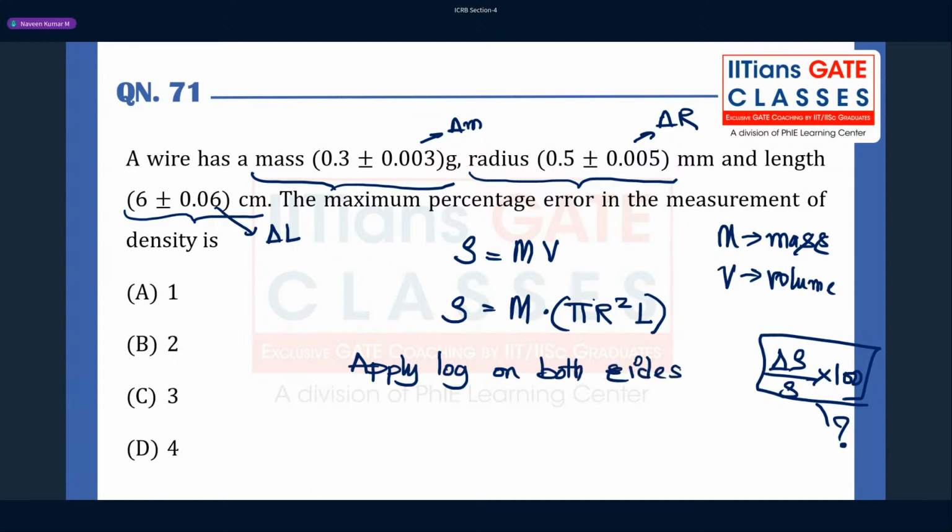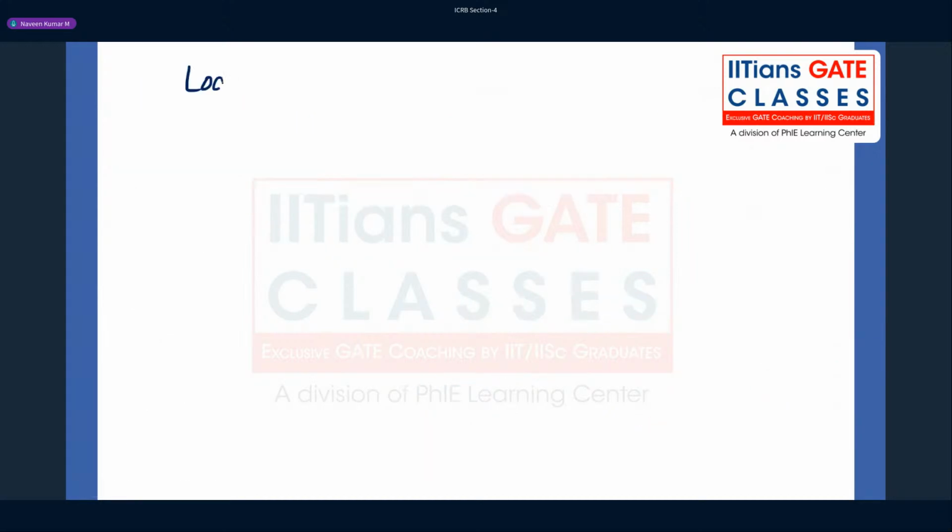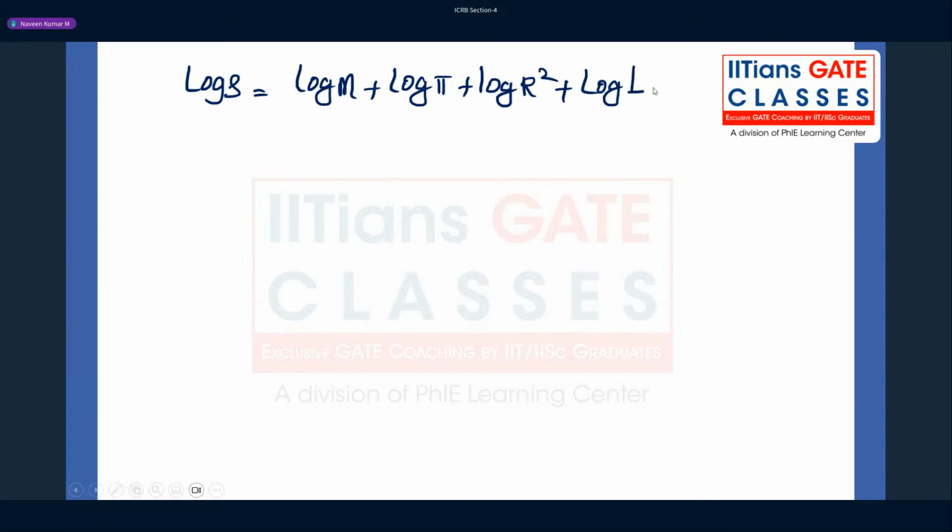When you apply log on both sides, it is log rho is equal to log of m by pi r square L. Let's go to the next page. It is log rho is equal to log m plus log pi plus log r square plus log L. Right? Now differentiate this with respect to some quantity x, whatever it is.